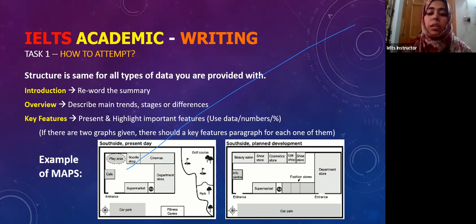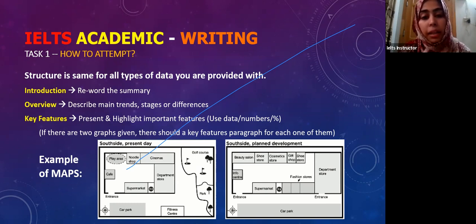Those two maps are of the same area, the south side, but the left map shows the current situation of the south side, like the current map. In the right one, you can see the planned development that would happen in the future for the south side. So there you can just write an overview of that. There are many differences and many changes that are about to occur.